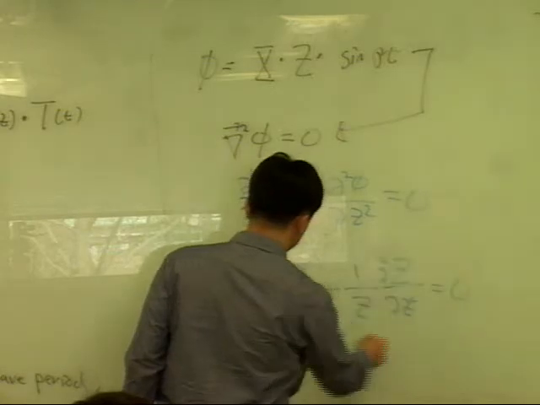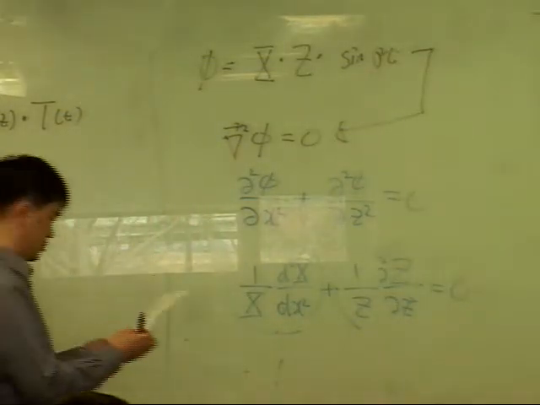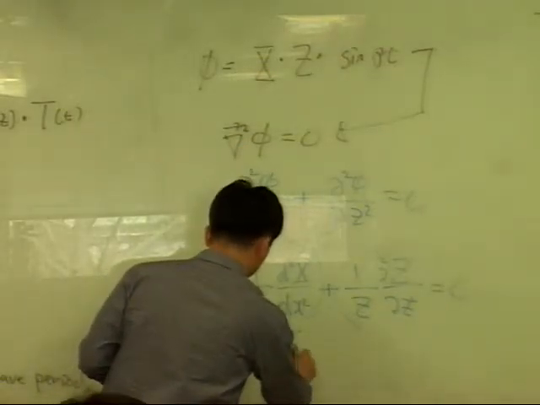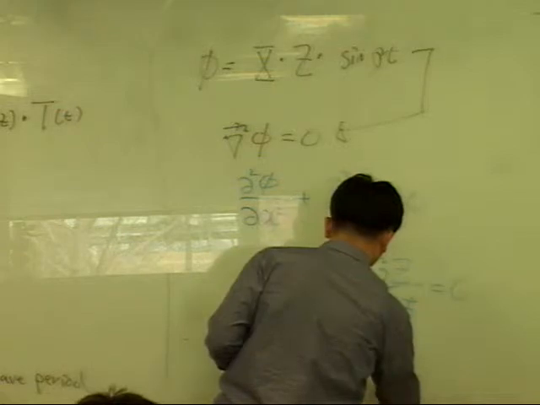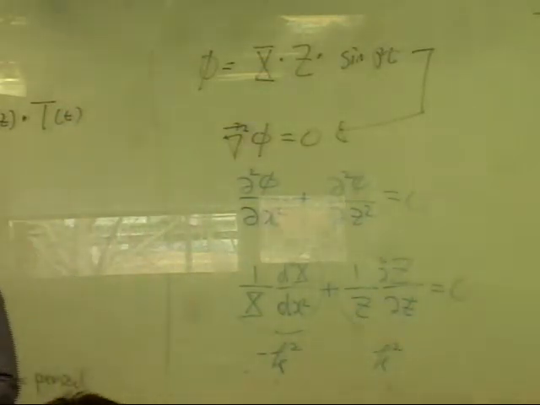This becomes some constant, for example minus k squared. This becomes a constant k squared. That's the only condition which satisfies that the sum is 0.